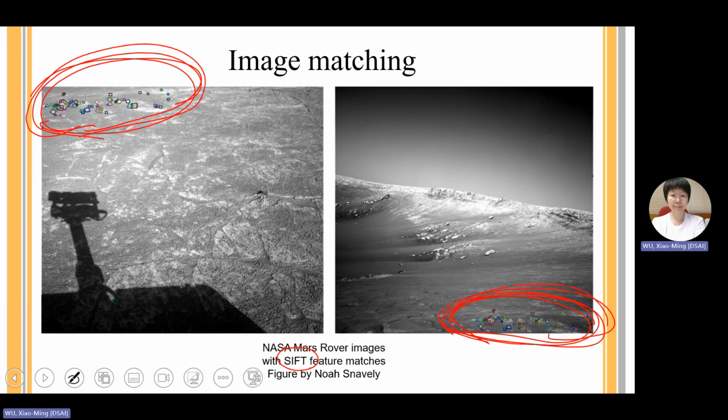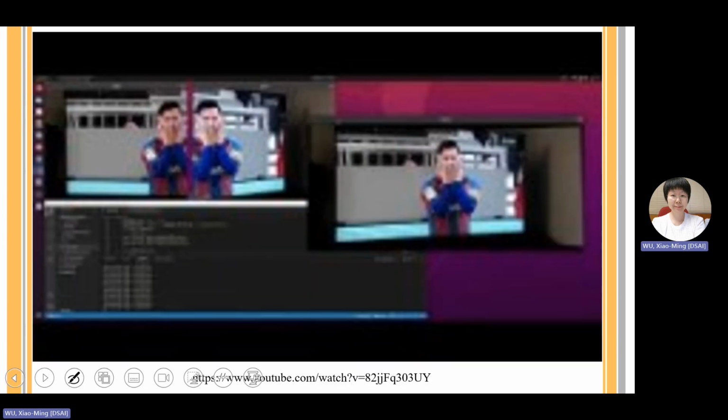These feature points are identified by the SIFT detector, and you can see those little squares. They have different colors and different sizes, indicating the scale of the feature points. A larger square represents a larger scale. These feature points come with different scales, represented by the size of the square.